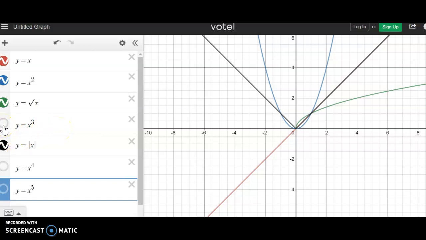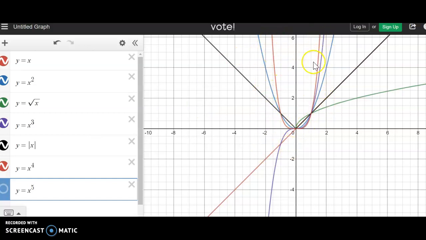Last section, we talked about polynomials, right? Y equals x cubed. Since it's a third degree, we're going down to the left and up to the right. We saw what happened when it was x to the fourth. Then it's kind of like x squared in that both are going up.